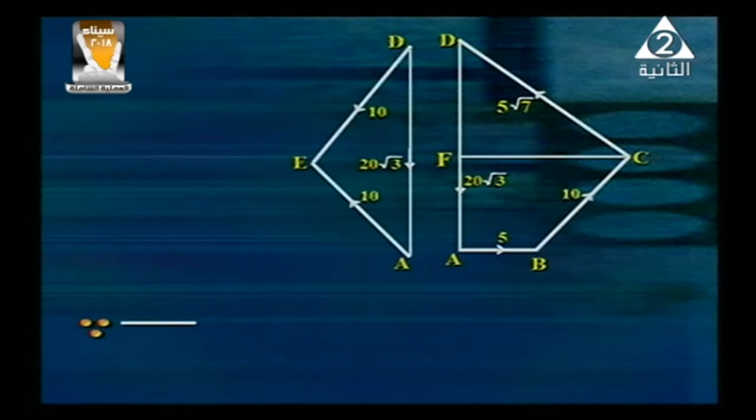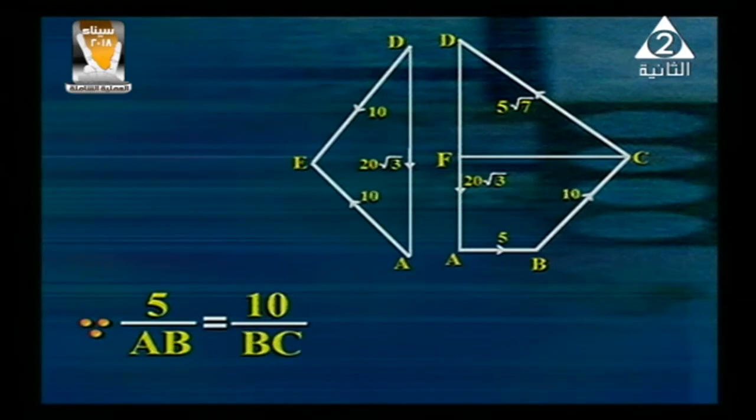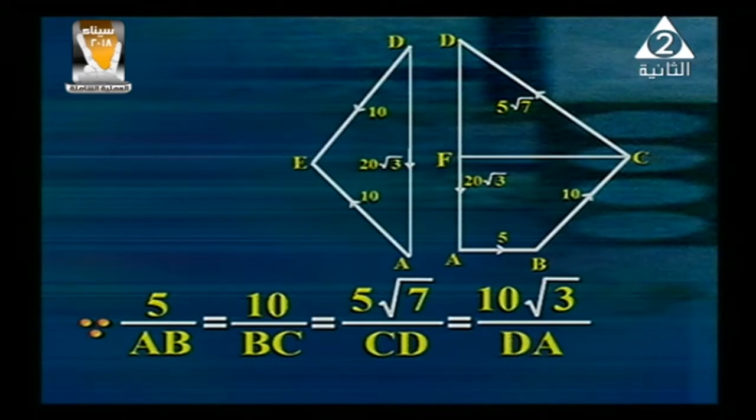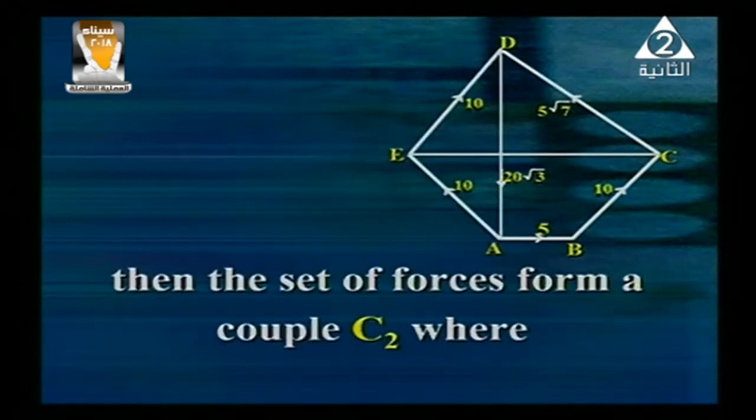Look at the ratio between the forces and the sides: 5 over AB equals 10 over BC equals 5 root 7 over CD equals 10 root 3 over DA. By using substitution about its length, the ratio equals 1 over 2. Then find the value. The set of forces forms couples.